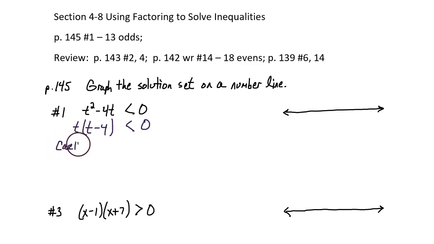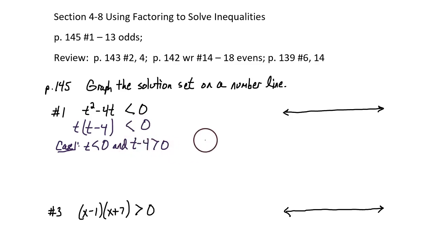So case number 1, the t could be the one that's less than 0, and the t minus 4 could be greater than 0. If this is less than 0, meaning this is a negative number, and this one here is greater than 0, meaning that this is a positive number, then their product would end up less than 0.